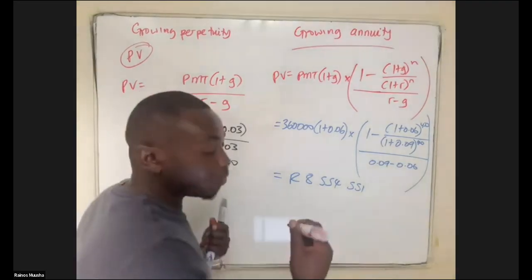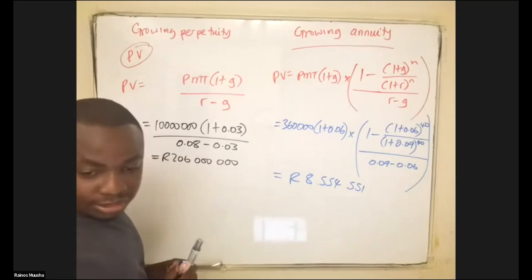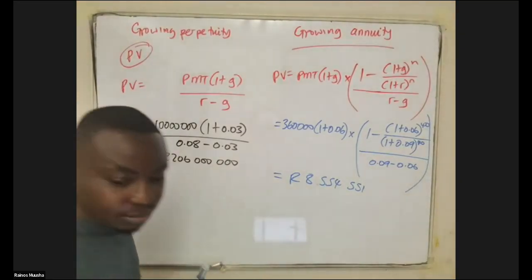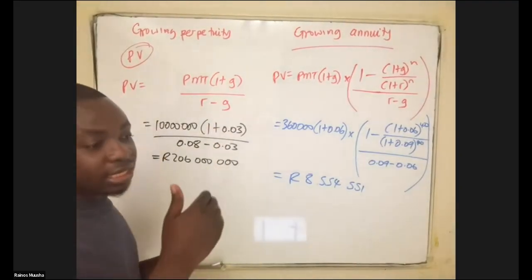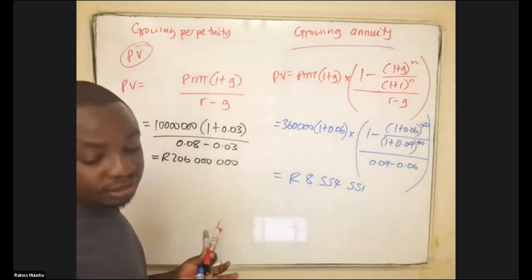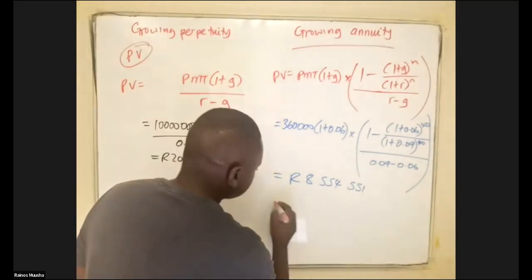It depends on how they ask you to use it as a discount rate. Usually when you're assessing investments, you are going to be asked to determine the discount rate. And the discount rate can be a real rate of discount, or it can be a nominal rate of interest. So take note of this.